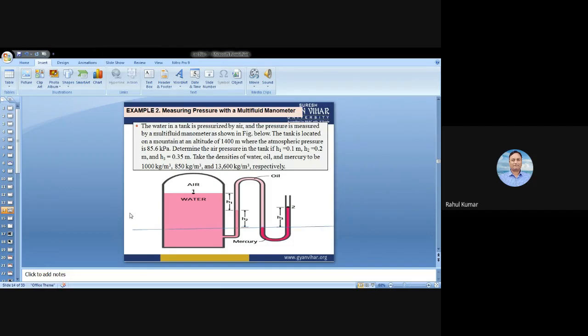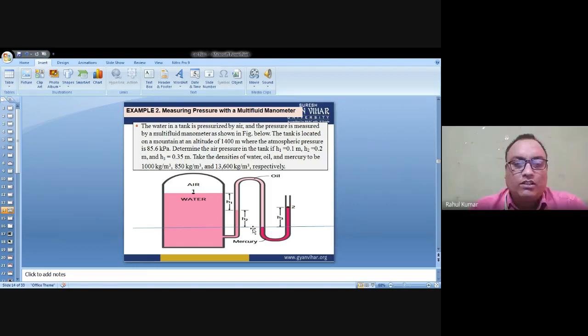This line shows the bottom level of this question, so you can find all heights from this level. Here we have rho 1 g h1, rho 2 g h2, and rho 3 g h3.